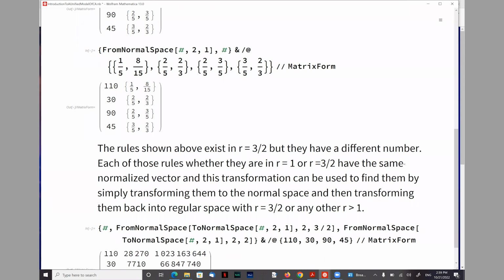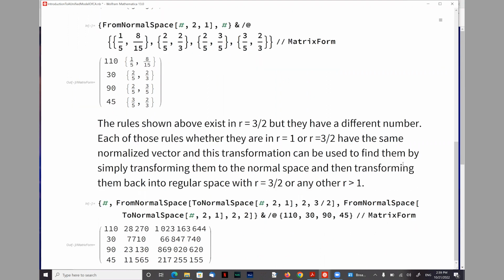But they do have a different number, as we saw before, because every time you move to another space, another neighborhood, the rule number changes. So instead, because they maintain the same normalized vector, if I want to know the rule in the bigger space, for a rule that I'm looking at in r equal to 1, I can look at it at, I don't know, r equal to 5 or 7 or whatever.